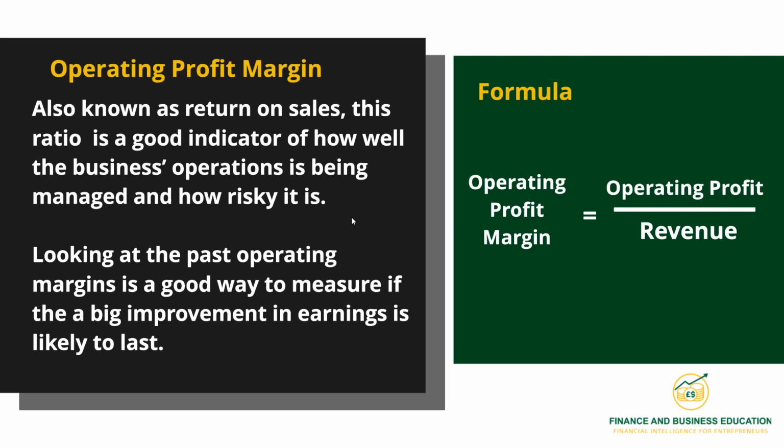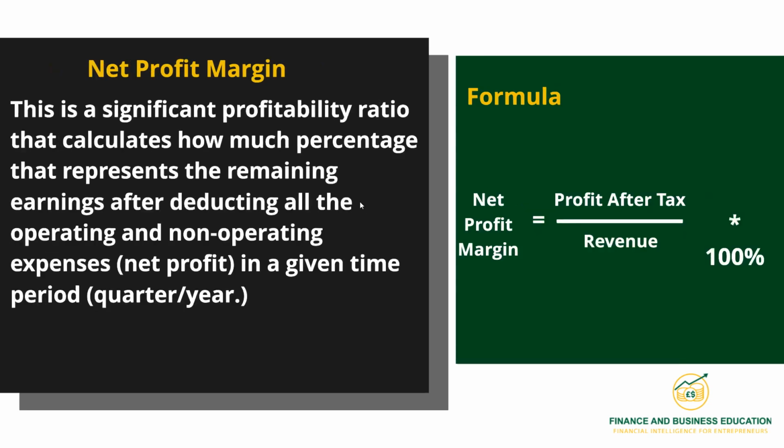This is a good indicator of how well the business operation is managed and how risky it is. And what you can do is compare these ratios for one, two, or three years. You're going to have an exercise to do on this should you wish to take it up. Net profit margin, as I said, is net profit after tax.